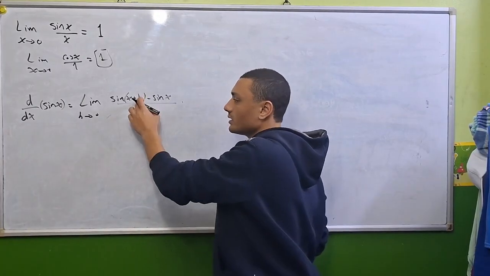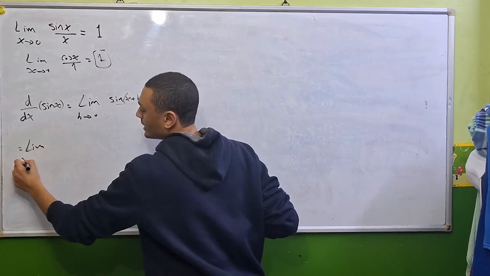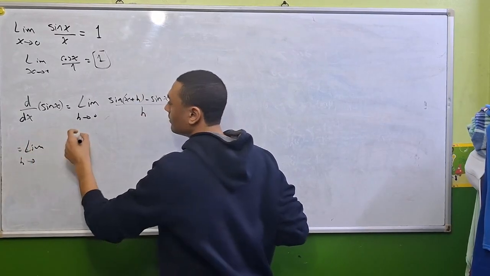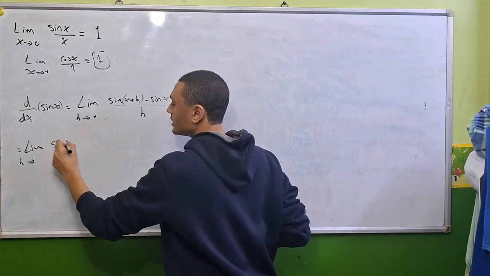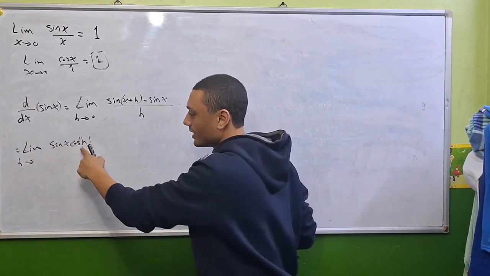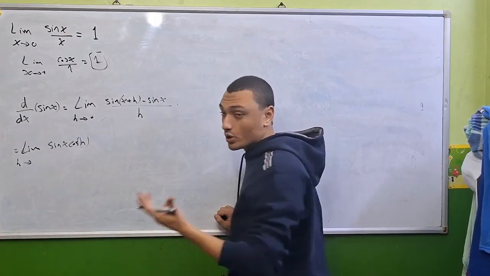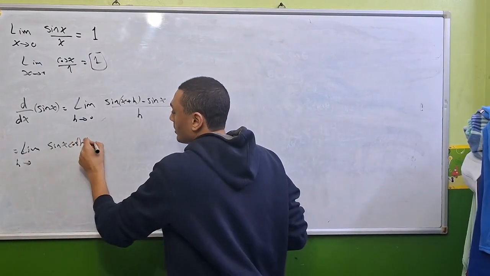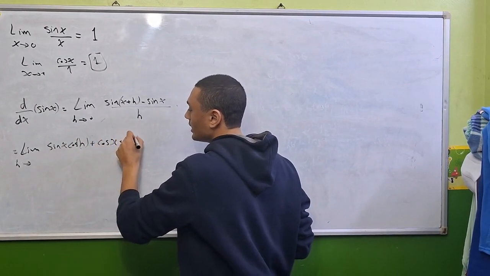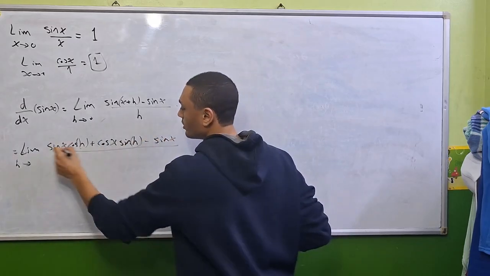So we expand this sine(x plus h), so it is equal to the limit as h goes to 0 of sine x cosine h, put a bracket, because if you don't put a bracket, it may get confused with cosine, plus cosine x sine h, minus sine x, divided by h.